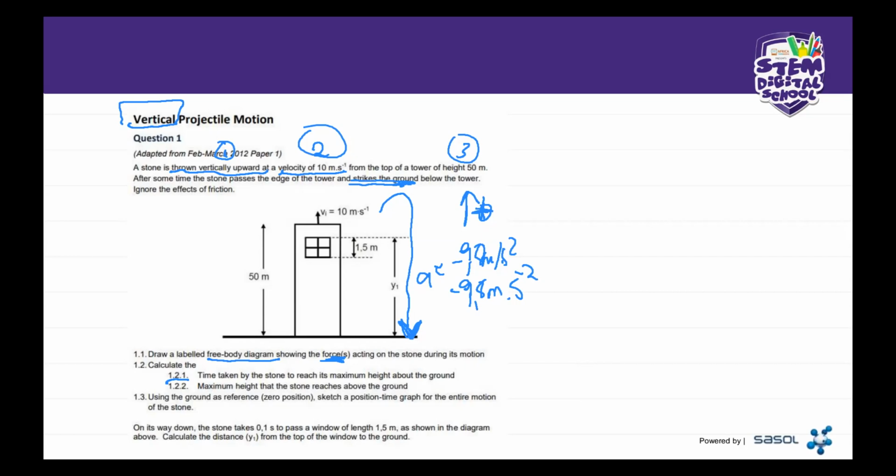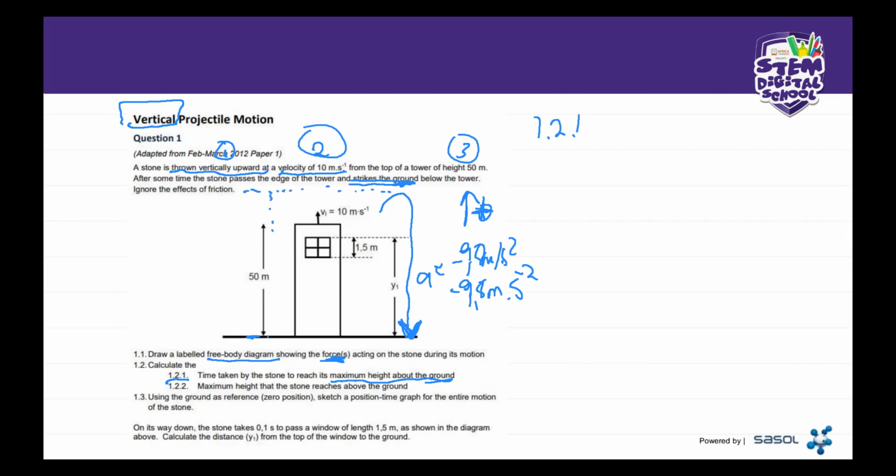Okay, so for 1.2.1, it says here, the time taken by the stone to reach its maximum height above the ground. So what height are we looking for? Maximum height above the ground. So for maximum height, it's from here to here, right? This is the maximum height, right?